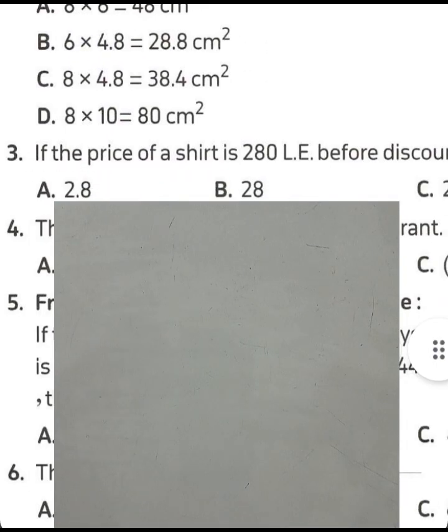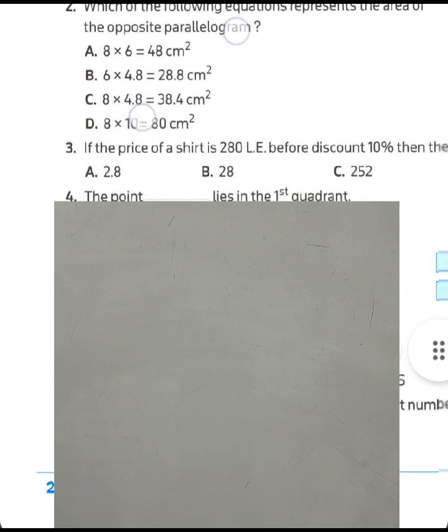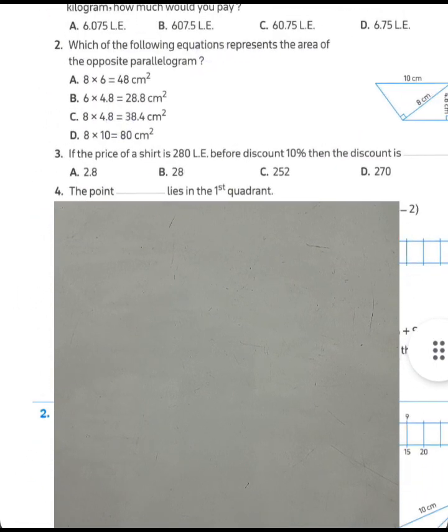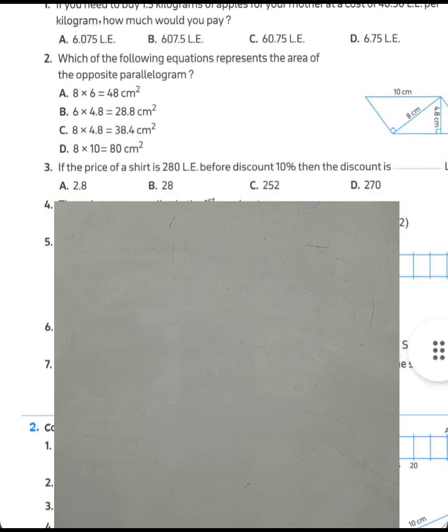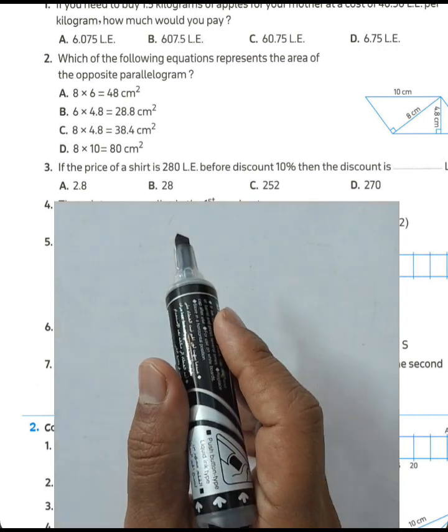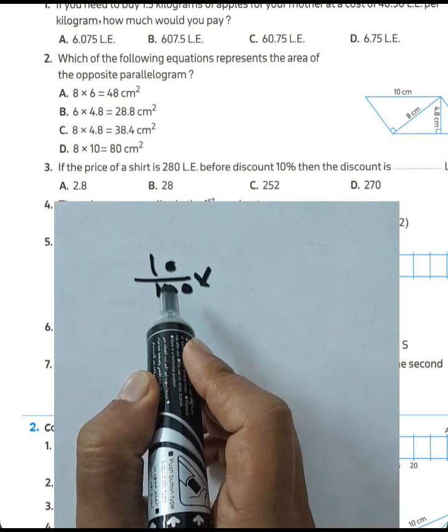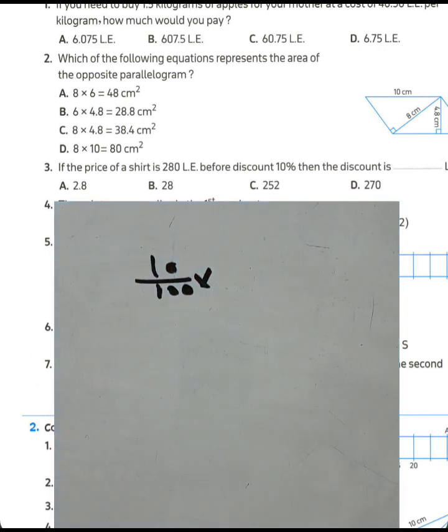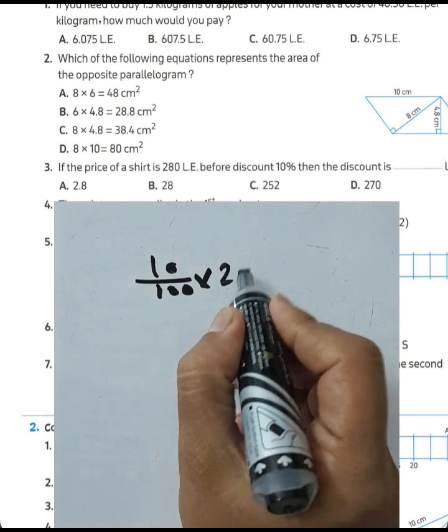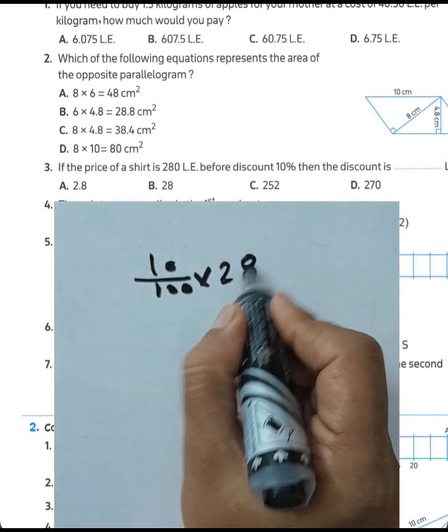Question number 2. If the price of a shirt is 280 Egyptian lira before a 10% discount, then the discount will be what? We can write 10% of the money here, 280. Write 10 over 100 times 280.